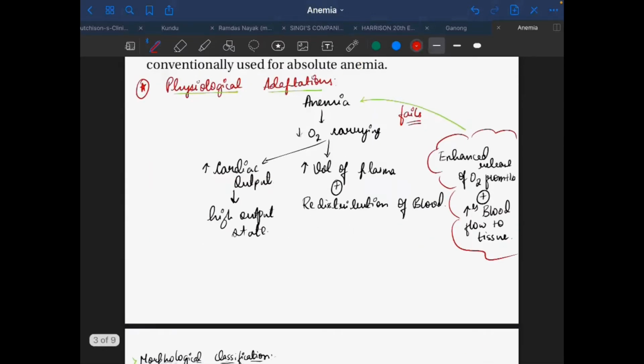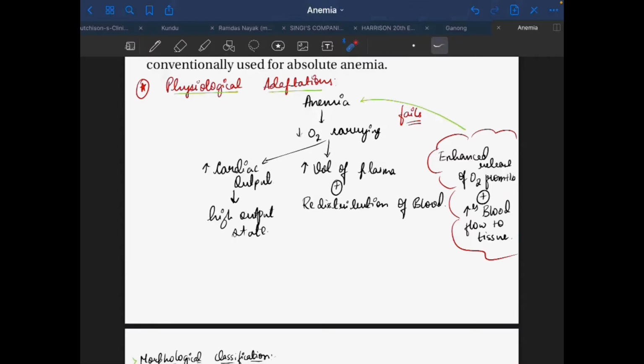Now coming to the physiological adaptations that happen during anemia in a child. What happens in the physiology actually? Initially, enhanced release of O2 from hemoglobin happens.